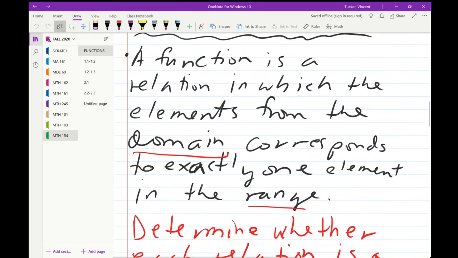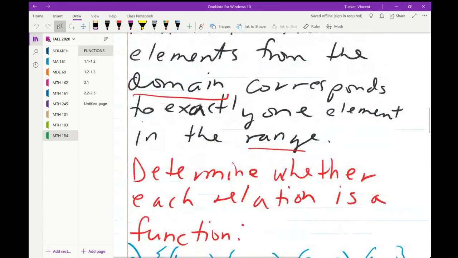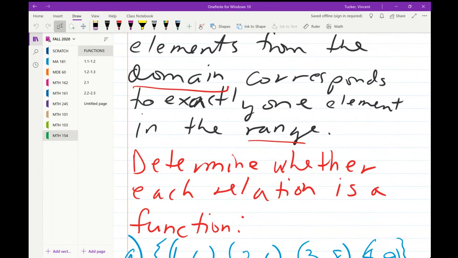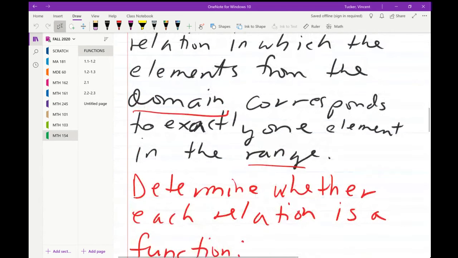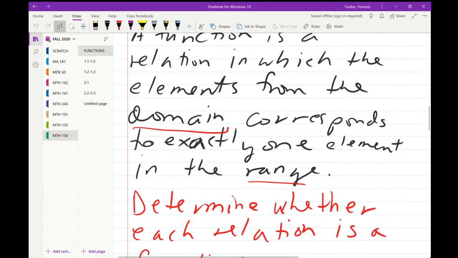All right, so we want to determine whether each relation is a function. Is that somebody raising their hand, or was it something else? Is that your element? Let me see. Where are you? And I said it says exactly one element. Yeah, okay. I wrote that a little sloppy, but yeah, it corresponds to exactly one element in the range.